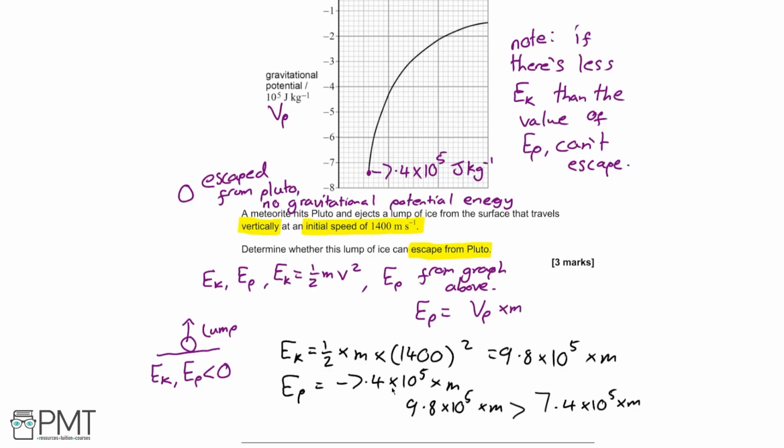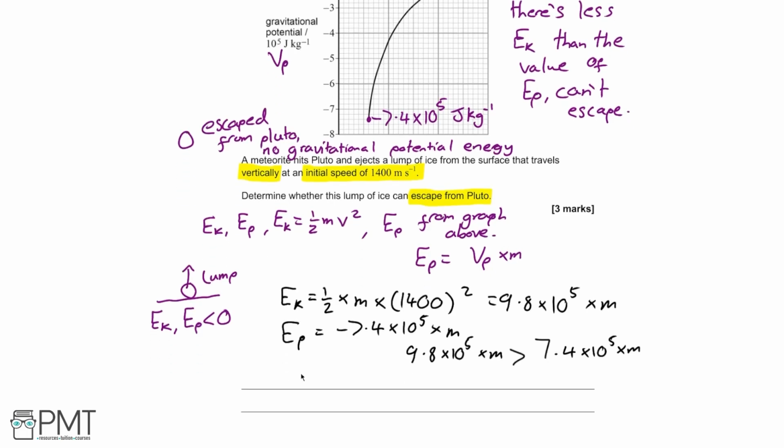Okay, and because this kinetic energy is indeed greater in magnitude than the magnitude of the potential energy, I have enough that I can convert to potential energy for the lump to escape.